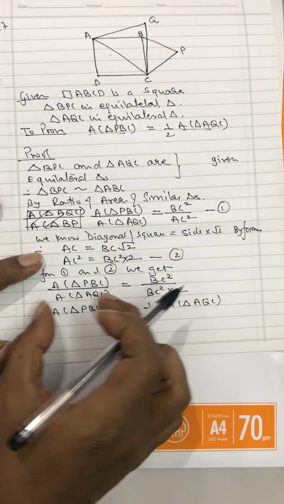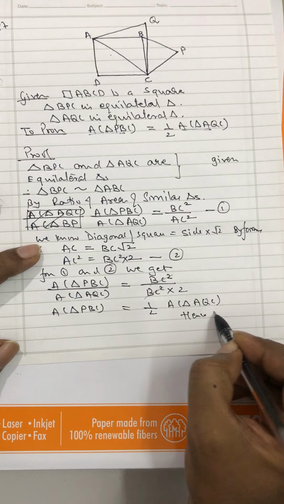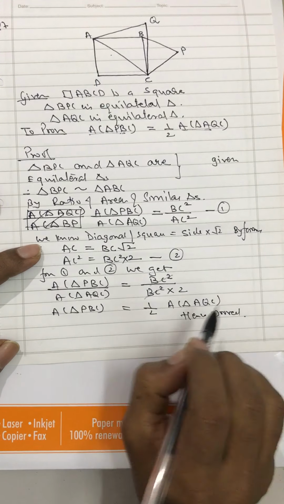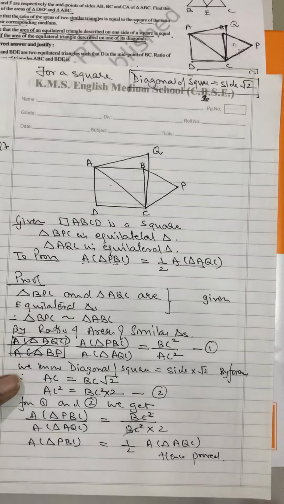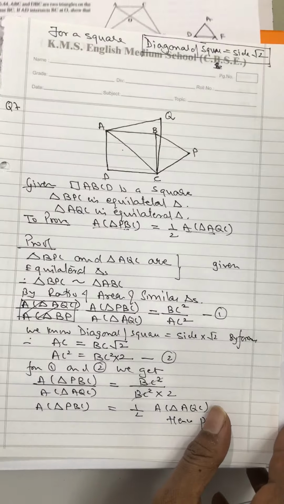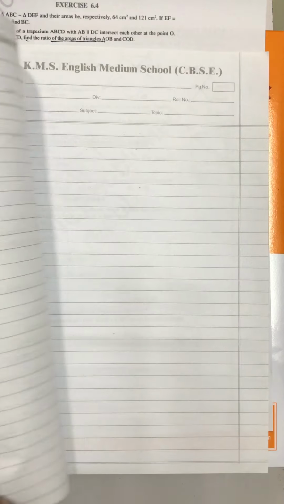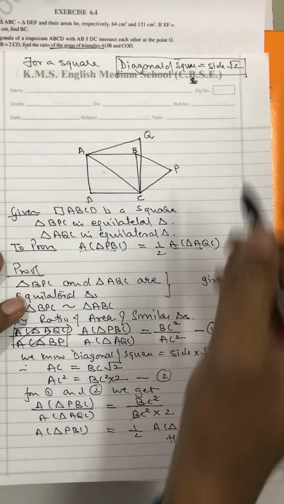I am shifting this AQC over here. Hence proved. Okay, my dear student, very easy. It was very easy, but of course you have to know the formula. That is very, very, very important. If the formula is not known, then you will be lost.